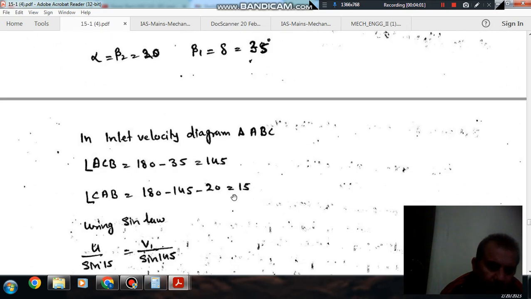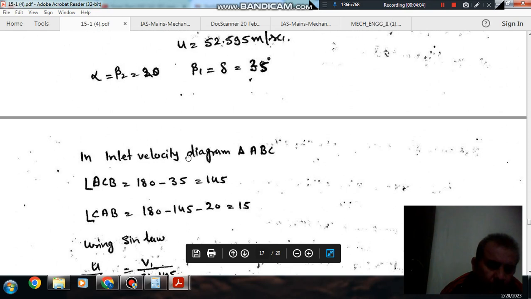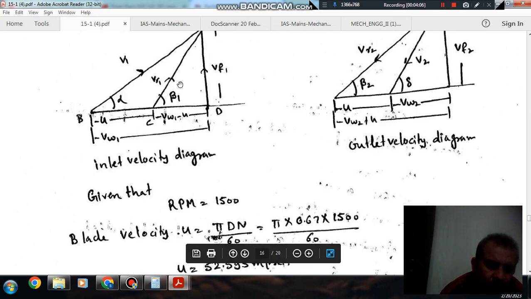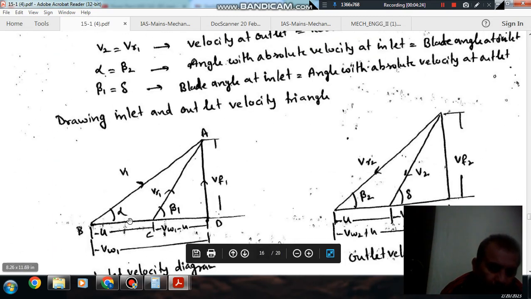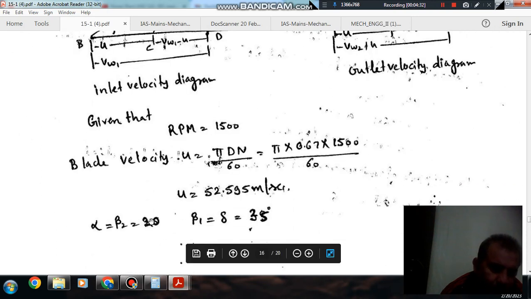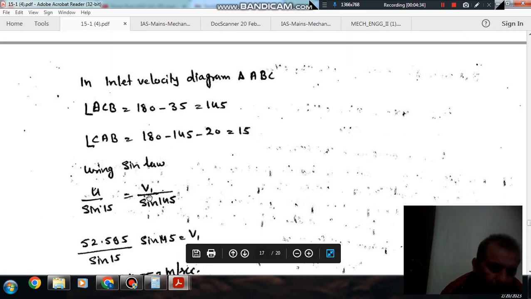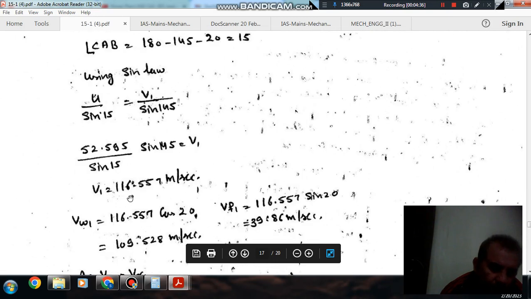Using sine law, VR1 by sine alpha is equal to V1 by sine of 180 minus beta 1, or 145, and U by sine of the third angle. The angle opposite to U is this, and the angle opposite to V1 is this. U is known, so we can find out V1.